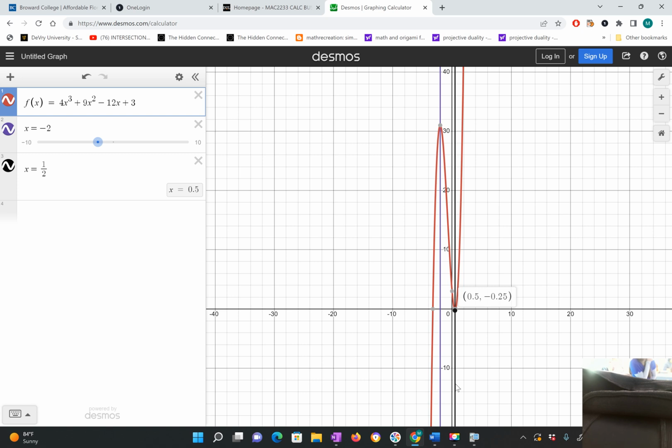What are you clicking to get the black one? Just the figure itself. So if I unclick it, now these little points are going to pop up because they're significant anyway. Yeah, so that's the beauty of Desmos. You can make them go away. That's what I'm trying to do right now.